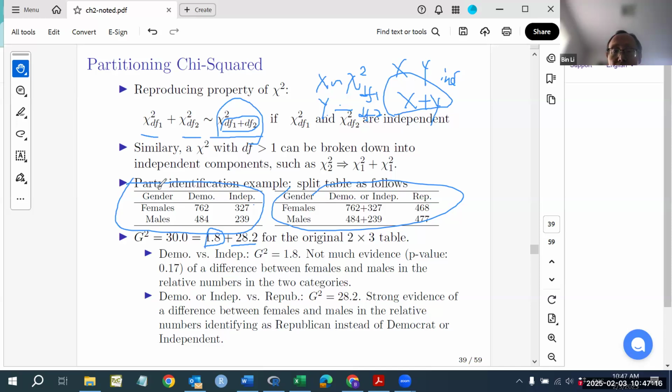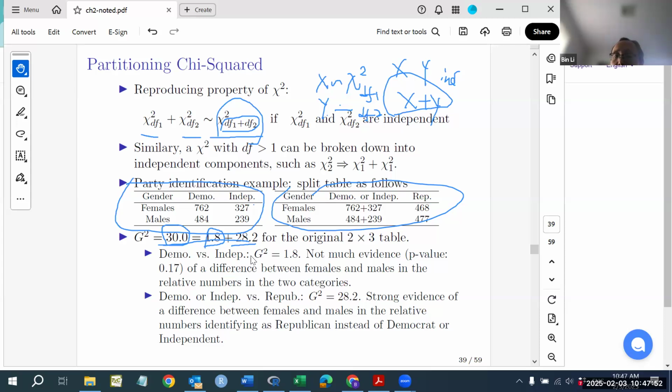And if we apply the likelihood ratio test on the raw table, with 3 parties and 2 genders, the test statistic is 30.0, which is the sum of these two. So you can see we can partition the original 2x3 table into these 2x2 tables, and the test statistics added together give the test statistic for the original table.